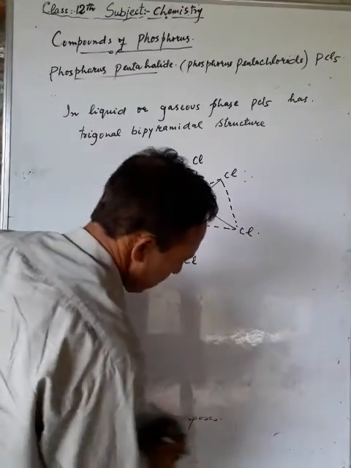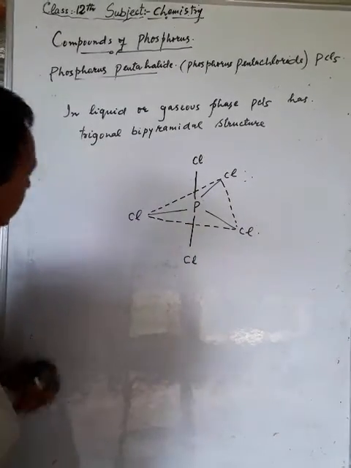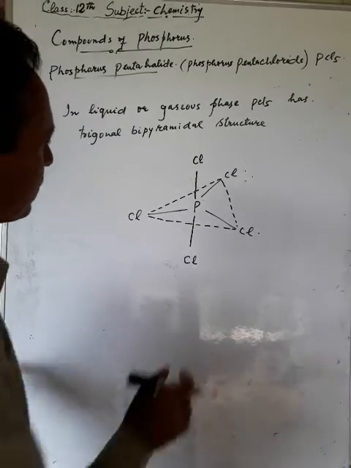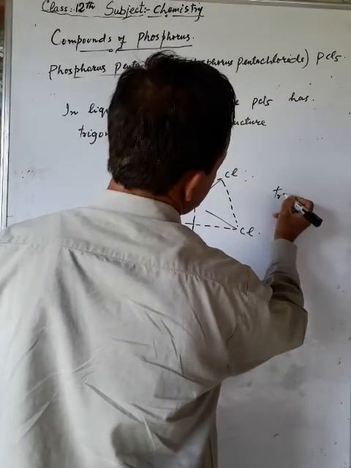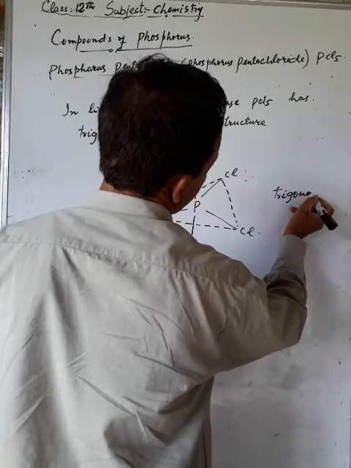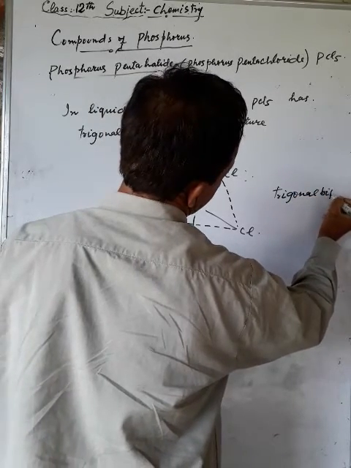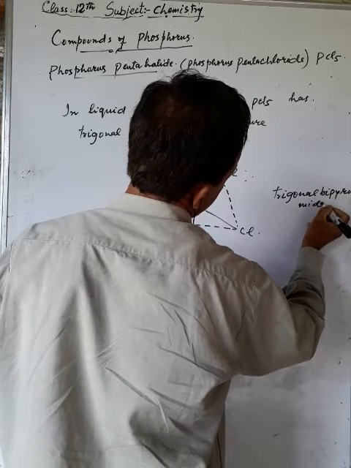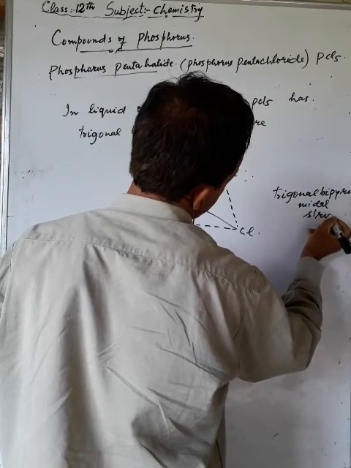So in PCl5, in the gaseous or liquid phase, it has a trigonal bipyramidal structure.